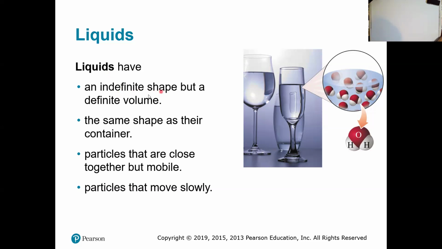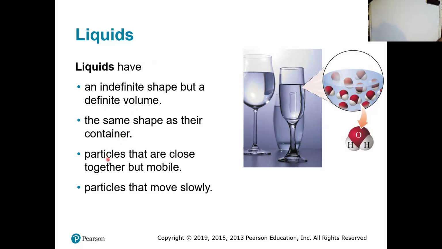And that means that the shape of liquids can change, which you know by pouring anything into a glass. The liquid takes whatever shape your glass is. But because liquids have particles that are still very close together, their volume is still a definite property. It does not change. So liquids can take the same shape as their container, but their volume is set.